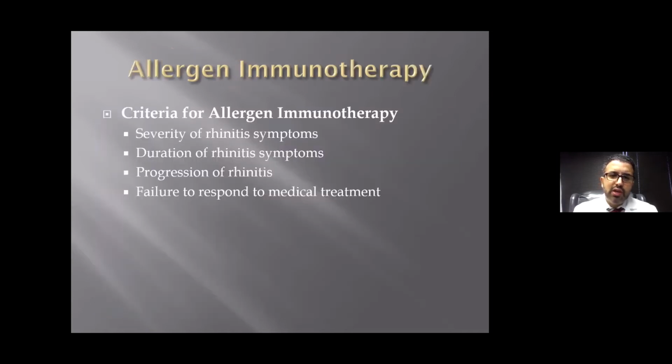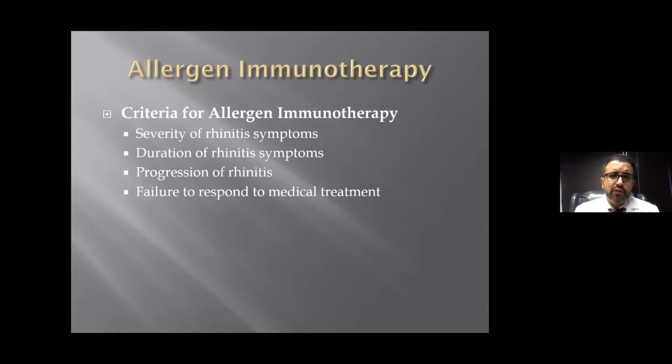So immunotherapy is essentially shots or drops. We figure out what the patients are allergic to. The way it works is you give patients essentially the same thing that they're allergic to in small doses. Over a period of a few years, this will tell the body, the immune system, to deregulate. Instead of this allergic reaction, patients will then become immune.